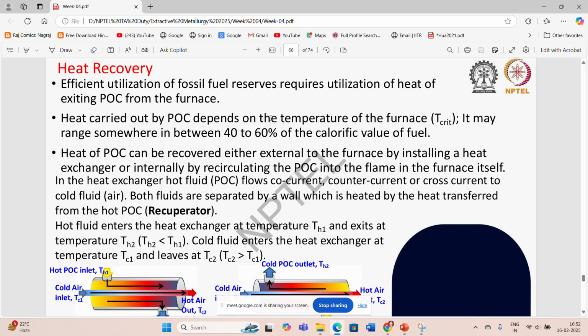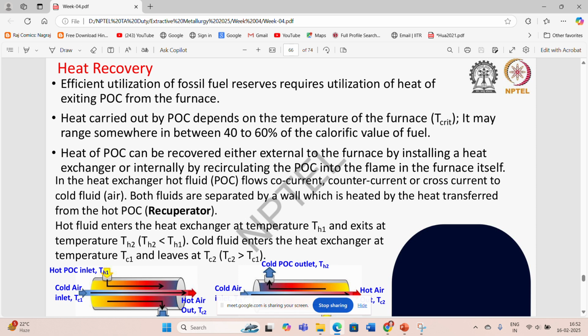So for efficient operation of any furnace or efficient utilization of any fuel source, we have to recover and reuse the heating value from the POC generated during the furnace operations.